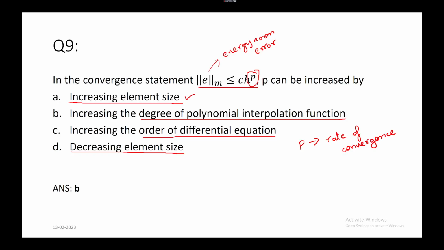So there is an expression for p. So p is equal to. Can anybody guess what this expression for p is? Are you able to recall?